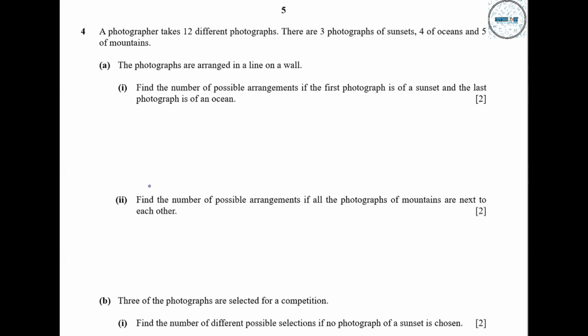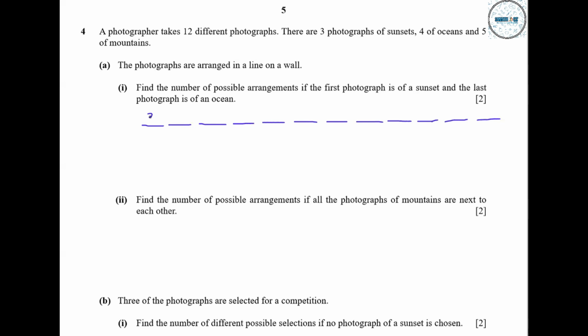So there are 3 possibilities at first place, and in total there are 12 photographs which need to be arranged. So we will have here 1, 2, 3, 4, 5, 6, 7, 8, 9, 10, 11, 12. So the first photograph is of a sunset, and there are 3 photographs of sunset.